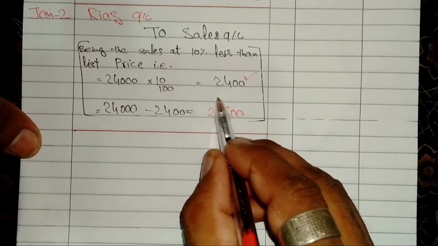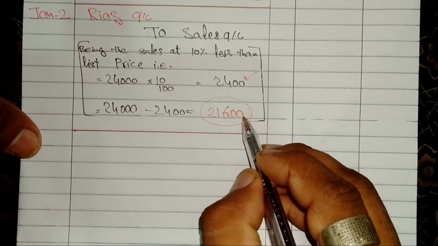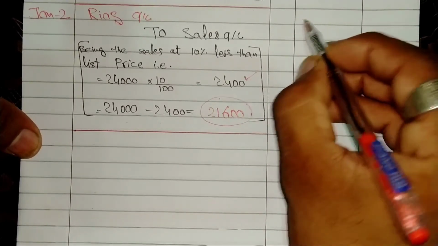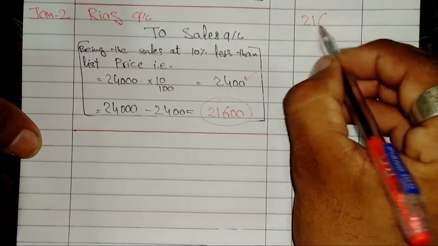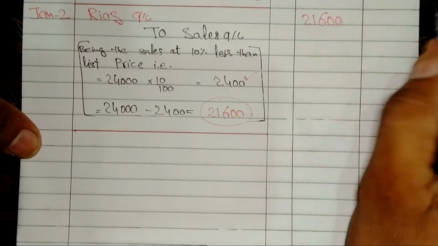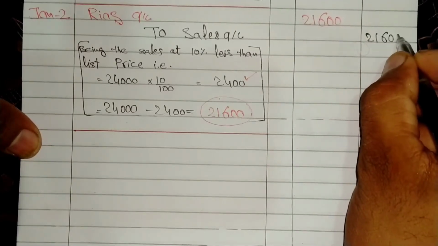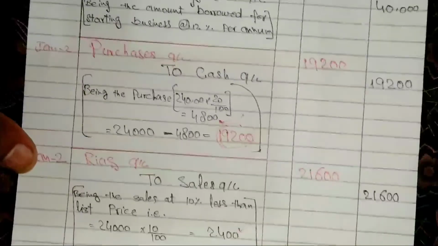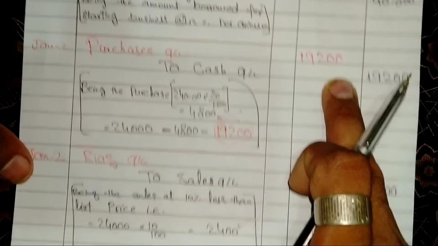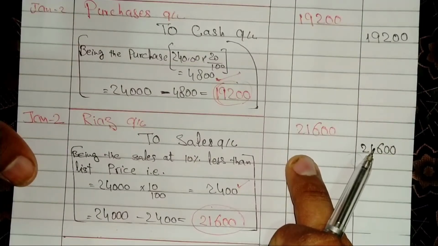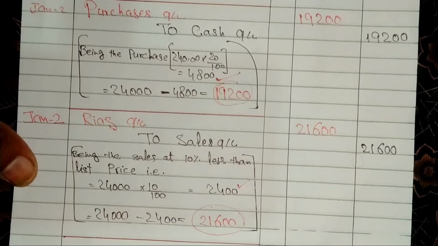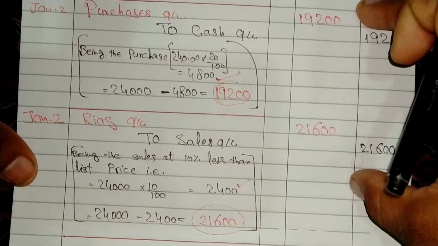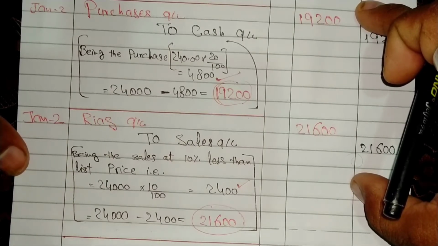This is the discounted selling price, so we will enter the amount $21,600. Ultimately, this is the purchase price for the business, and this is the sales price for the business. The difference of these amounts, which is $2,400, will be considered as the profit for the business. Clear?